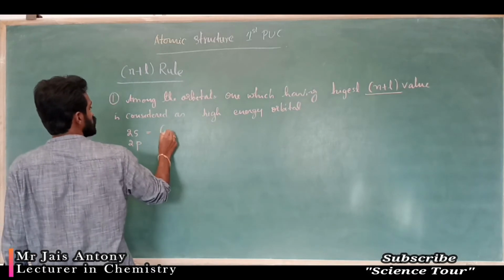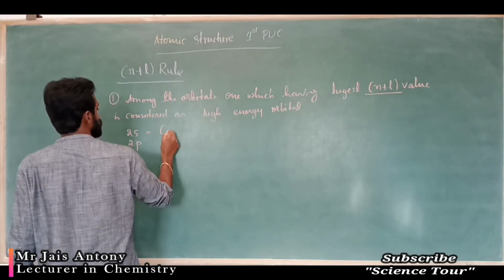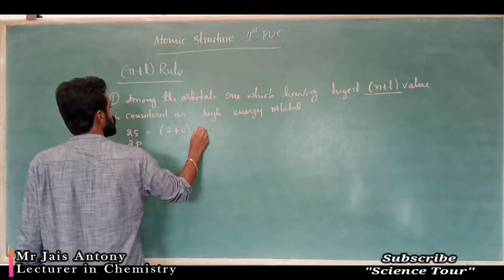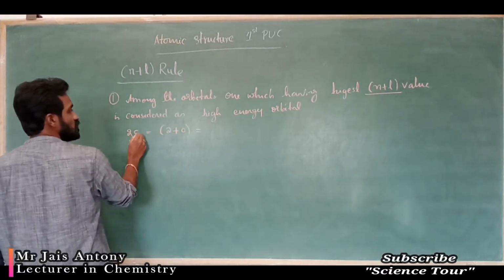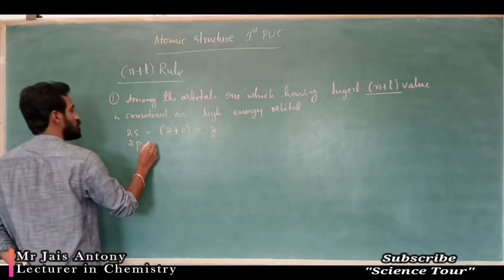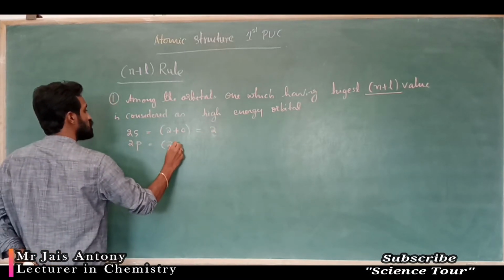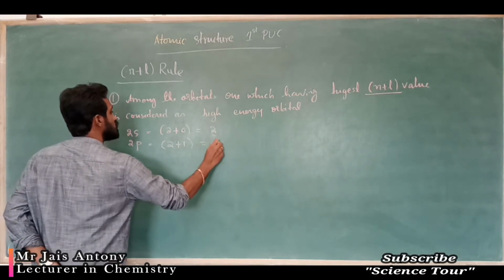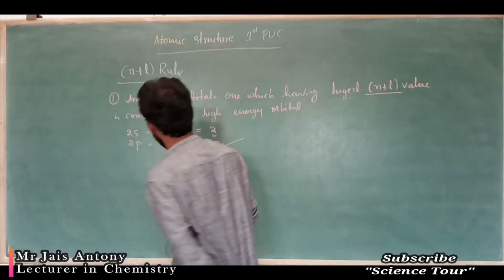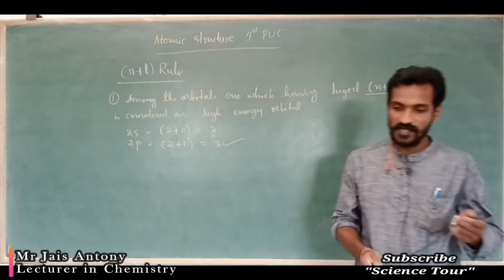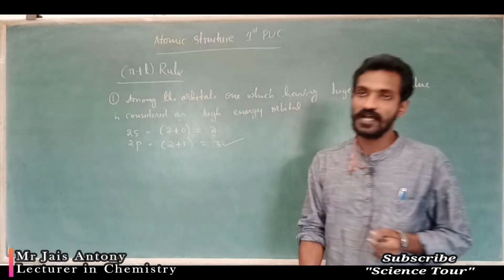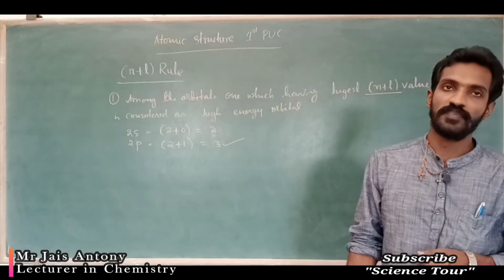For 2s, n plus L is 2 plus the L value, and the L value for s is 0, so it is 2. For 2p, it is 2 plus 1, so 3. So which one has the highest n plus L value? This one. The highest n plus L value has higher energy. So 2p is a higher energy orbital compared to 2s.